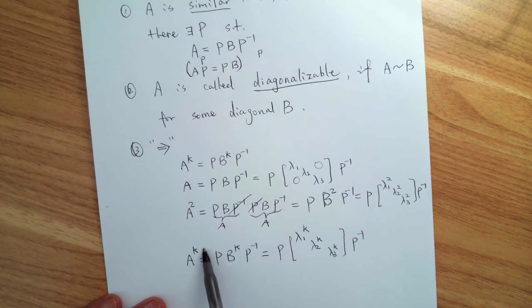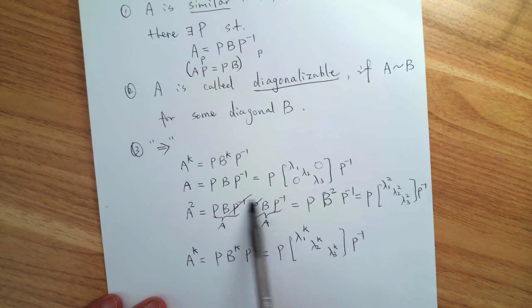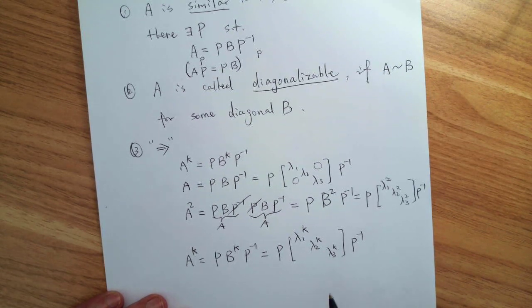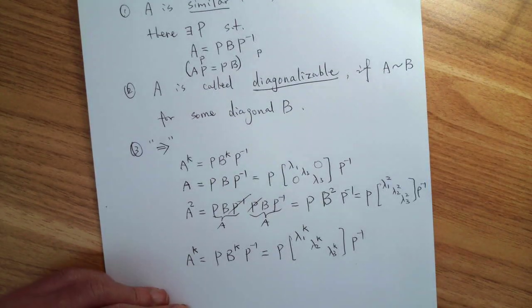If we have k equals 100, A to the 100th power, then P B^k P inverse, this similar cancellation will apply. And then we have P times diagonal lambda 1^k, lambda 2^k, lambda 3^k, times P inverse. This is much easier than just multiplying A 100 times.